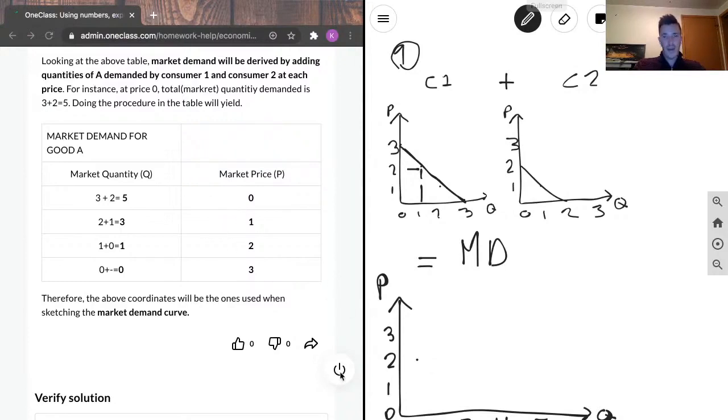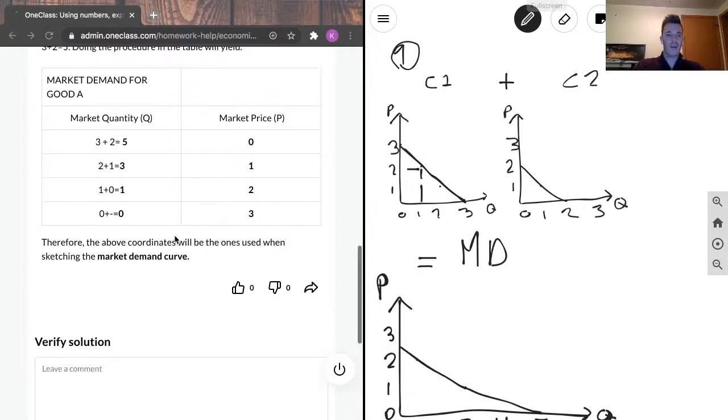Similarly, at a price of 1, it's going to be demand of 3. And at a price of 0, it's going to be a demand of 5. So we end up with this kinked demand curve because we've got two individuals that we're adding to make the market demand curve.